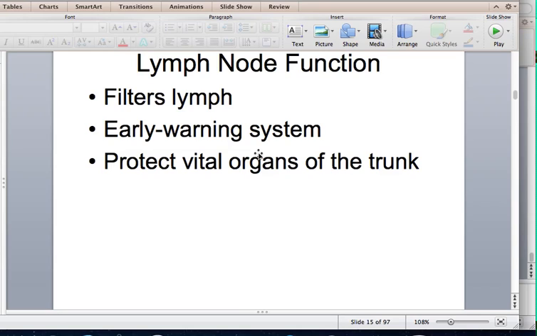And so this early warning system is, once the body gets under attack, then the lymph nodes are really the first to sense this attack. So that's where the antigen presenting begins, and the macrophages and lymphocytes are going to start to be activated. And this acts to protect the vital organs of the trunk.